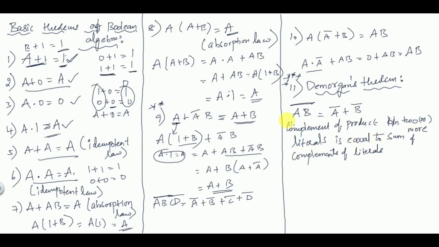This is the first property, and the second property is (A plus B) whole bar, which is equal to A bar into B bar.